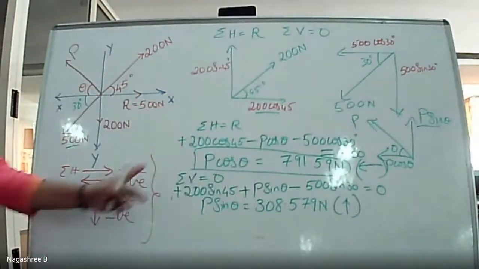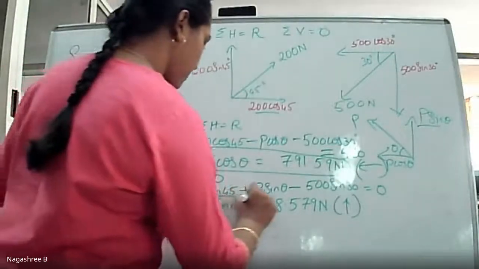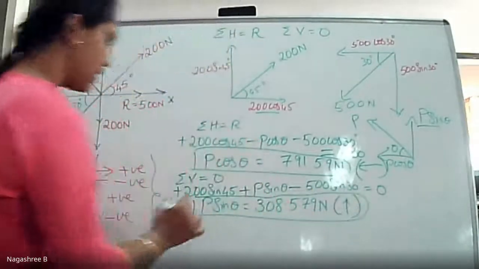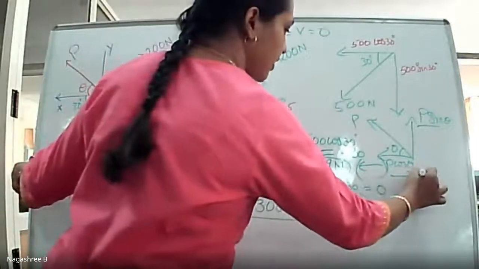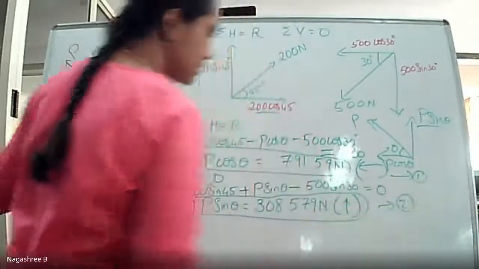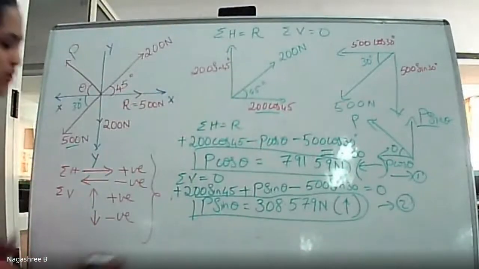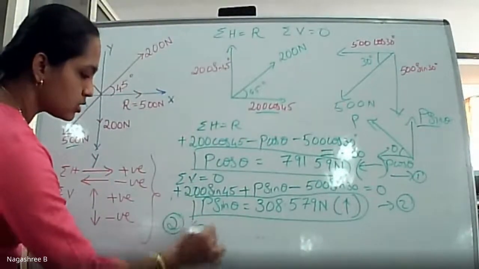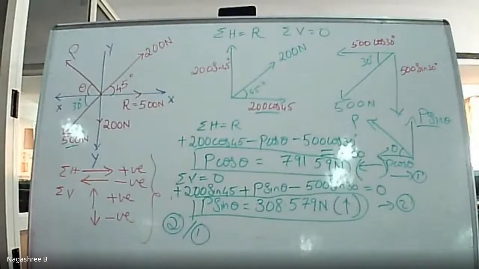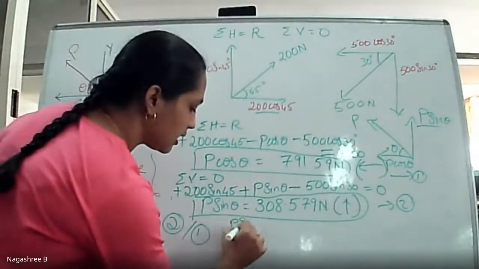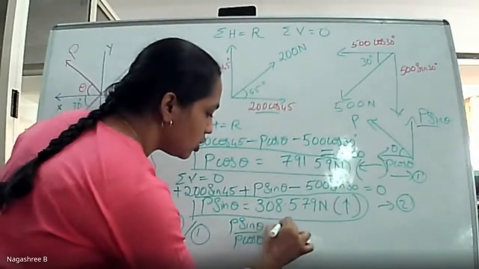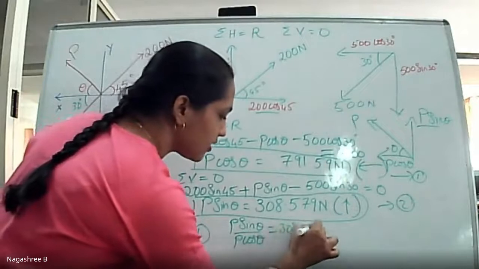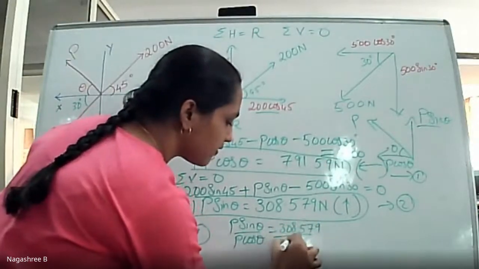So now I got two values of P. One is P sine theta and another one is P cos theta. I call this equation 1 and this equation 2. If I divide 2 by 1, I'll get P sine theta divided by P cos theta is equal to 308.579 divided by 791.59.